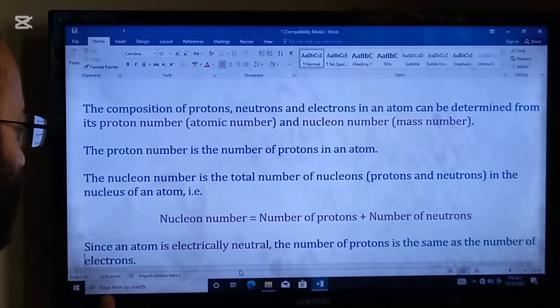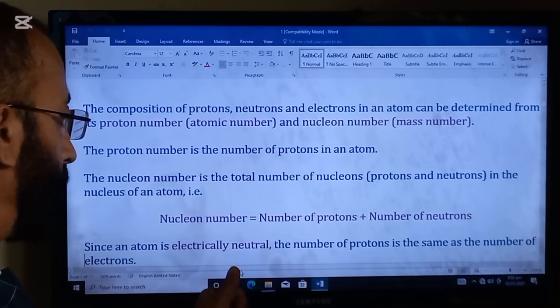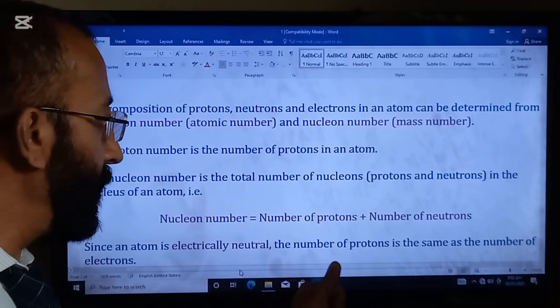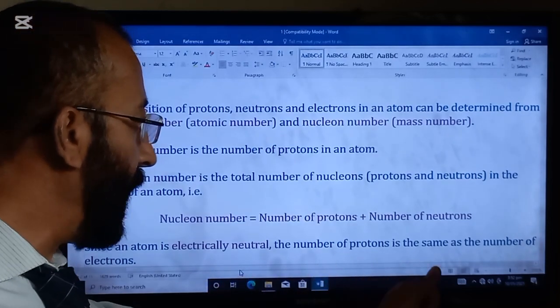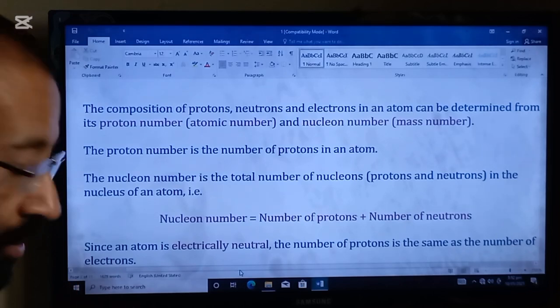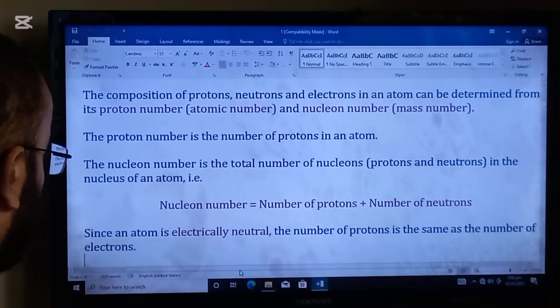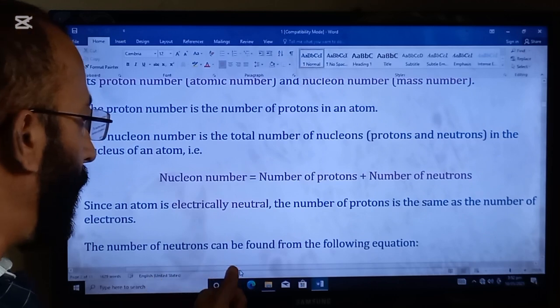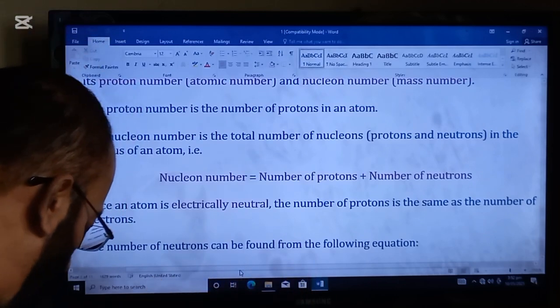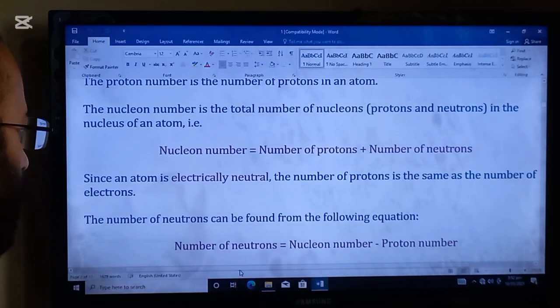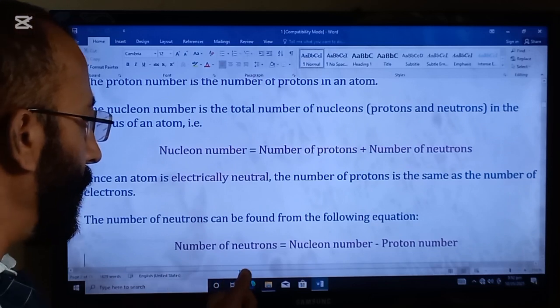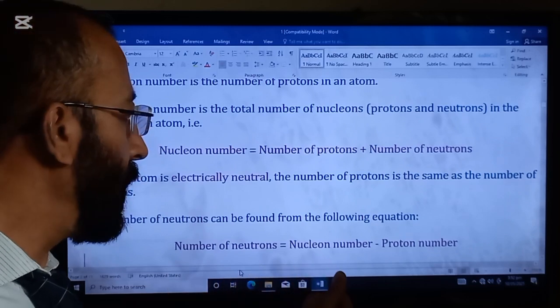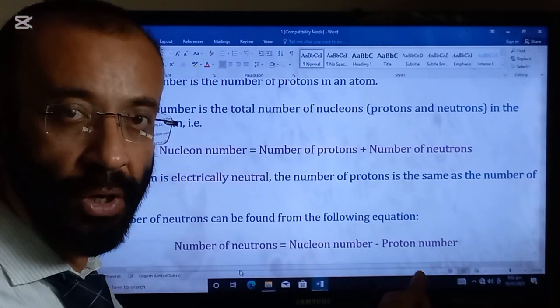Since an atom is electrically neutral, the number of the protons is the same as the number of the electrons. The number of the neutrons can be found from the following equation. Number of neutrons is equal to nucleon number minus proton number.